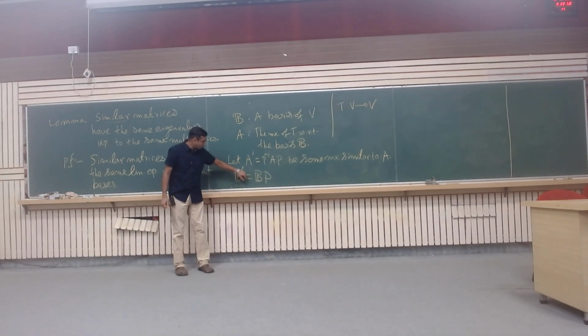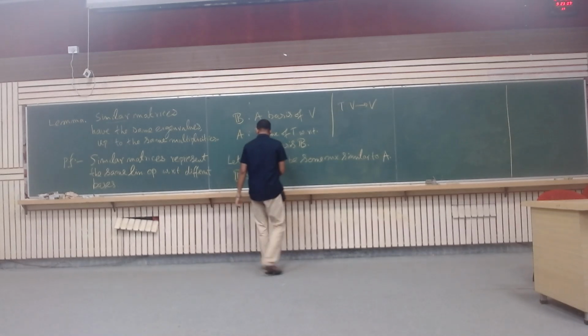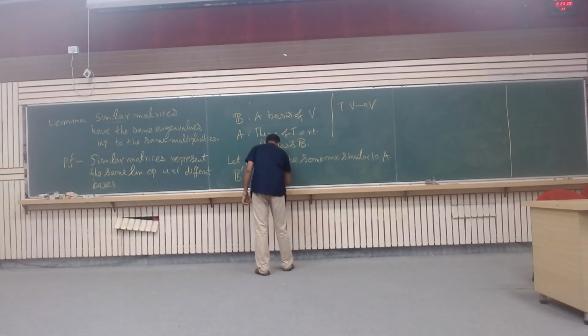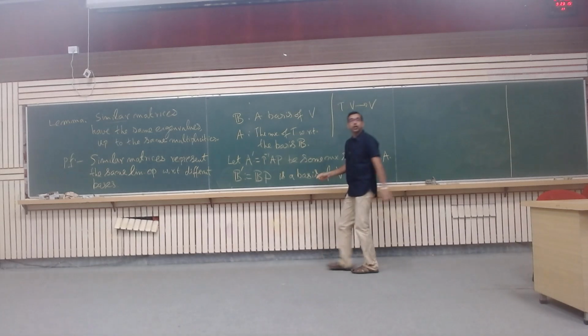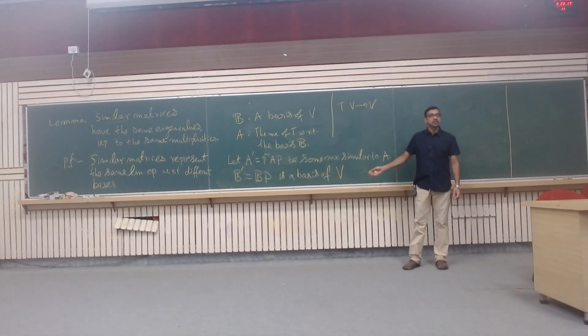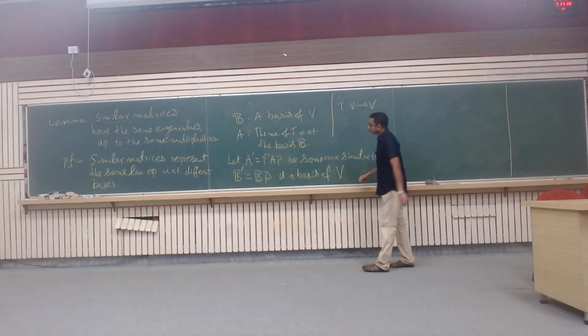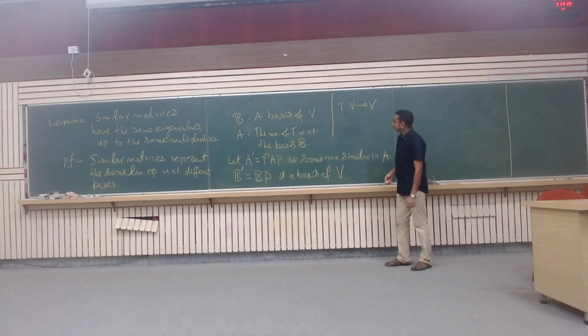So if you can go from here to here, you can also come back from here to here by the inverse of the matrix P, okay? All right? So this is a basis of V. Is this point clear to everybody? If not, please let me know, we can explain this again once more. Okay. So we assume it is clear to all of you. Proceed, okay. So B dash is a basis of V.